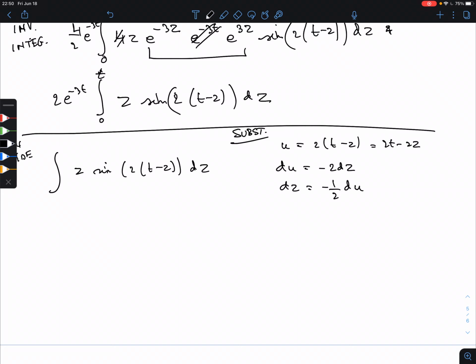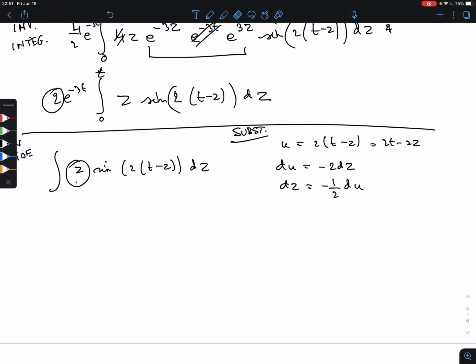Now you say, okay, professor, but that's not what you do with substitution. The derivative of u is not there. Well, the derivative of u is just 1, so it's kind of there. But what are you going to do with the z? Don't forget there's a z here. Well, yes, so we have to solve for z here. Now, there's a 2 here. There's a reason I put a 2 here. So let's keep the 2 also in here, just so that we don't have to deal with fractions.